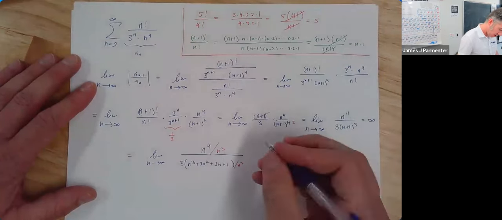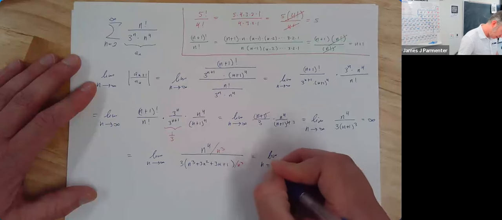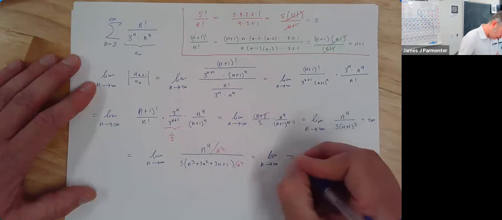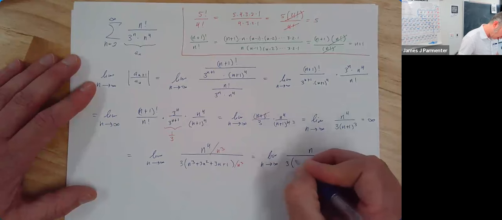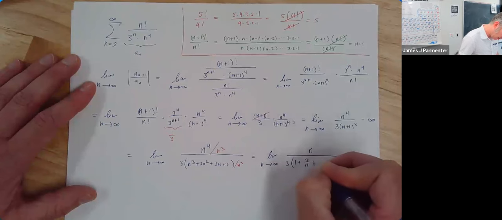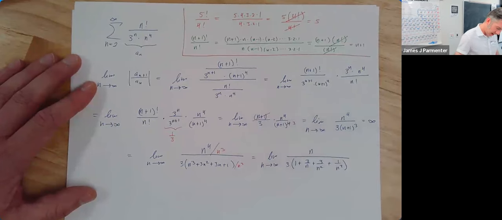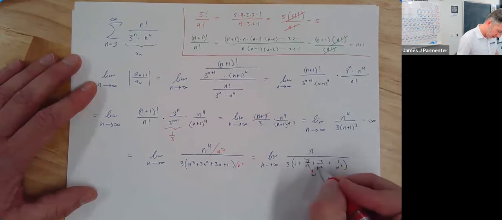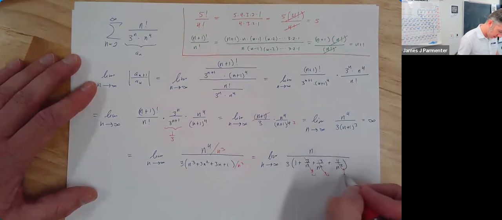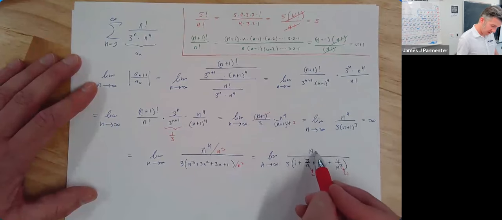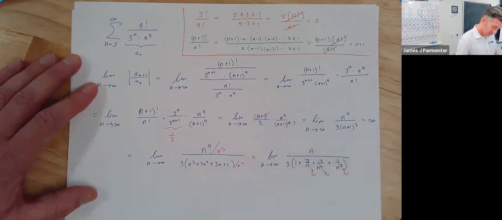Then you've got the limit, n goes to infinity, of n on top over 3 times (1 plus 3 over n plus 3 over n squared plus 1 over n cubed). And 3 over n goes to 0, 3 over n squared goes to 0, 1 over n cubed goes to 0, and n goes to infinity, and infinity divided by 3 is still infinity.